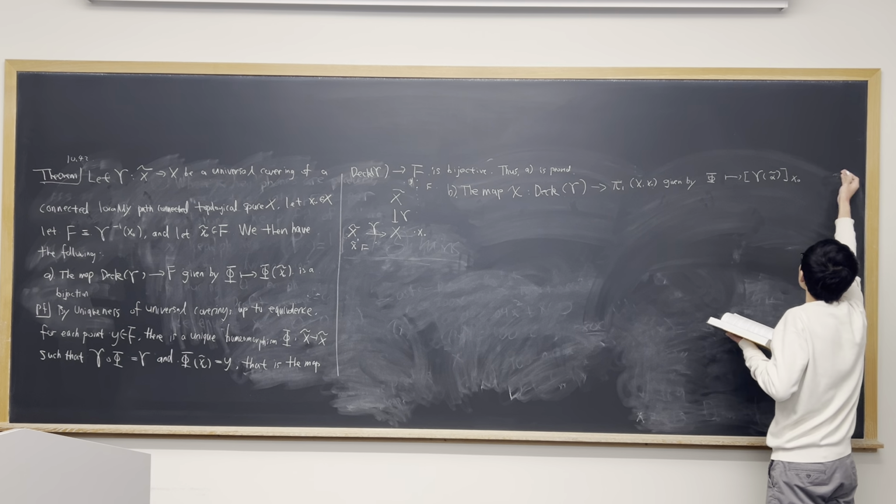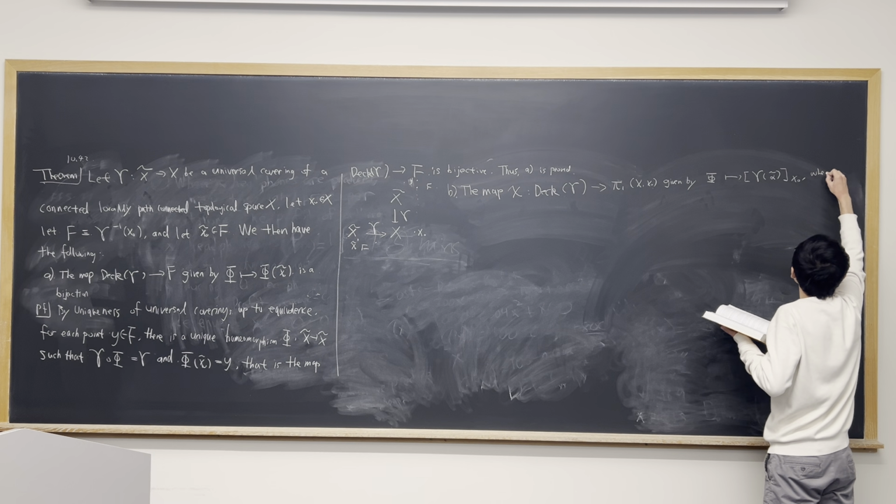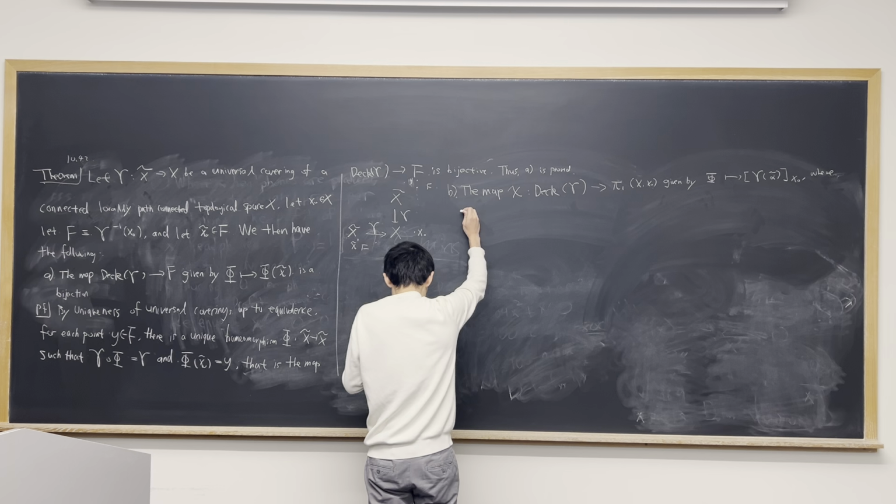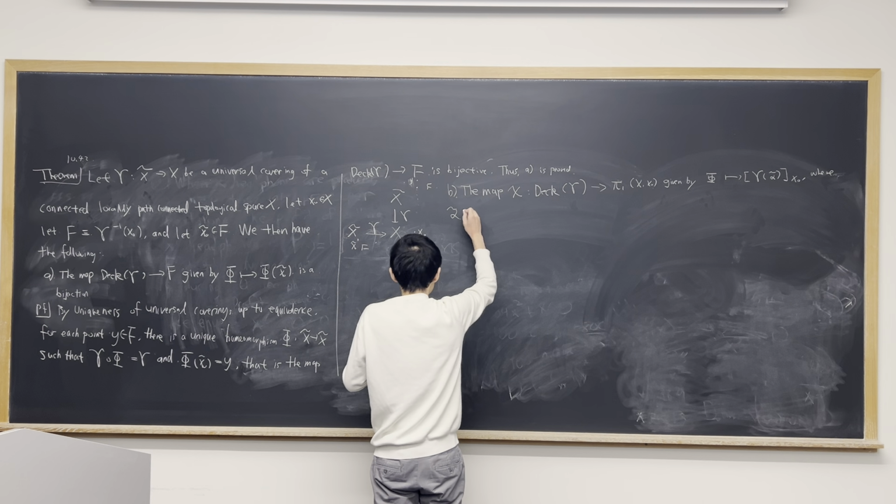Where alpha tilde is an arbitrary path in x tilde from x naught to phi of x naught.